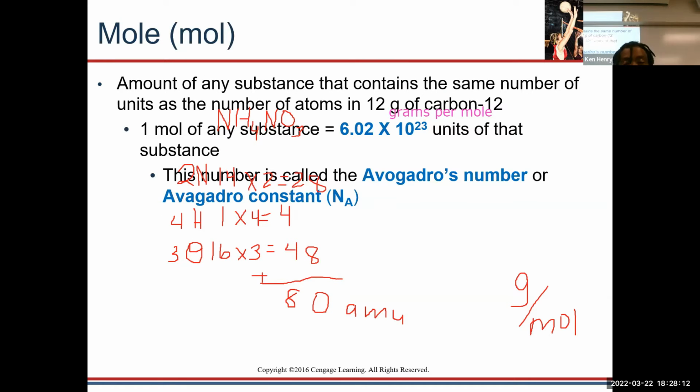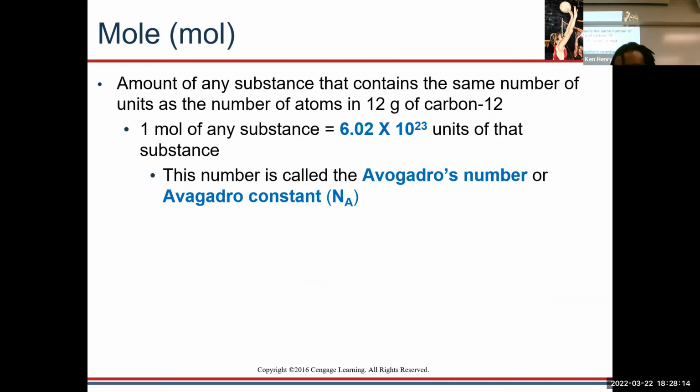Okay, so what is a mole? Before we talk about a mole, how many of you guys drink sangria? Not the soda. Wine with fruit. That's my favorite summer drink, right?